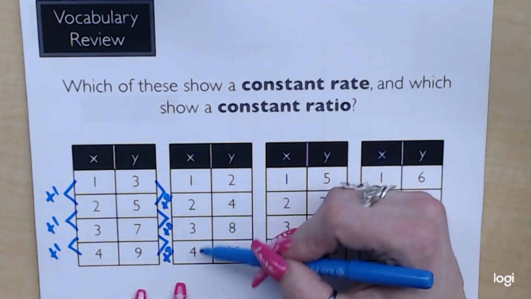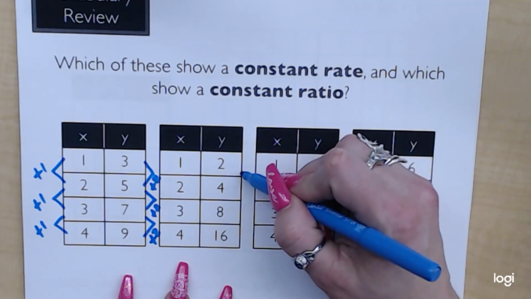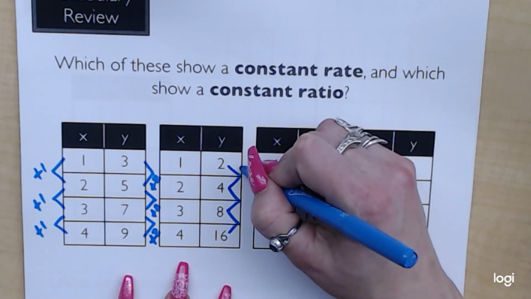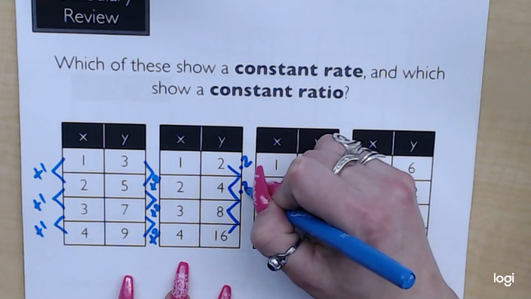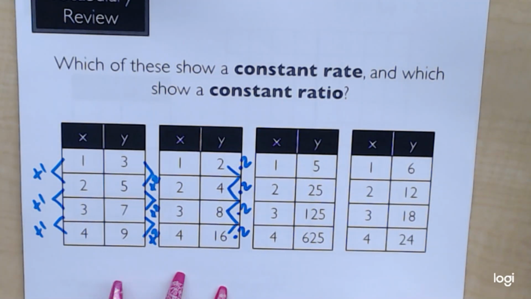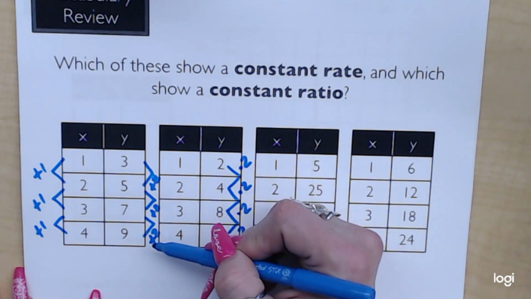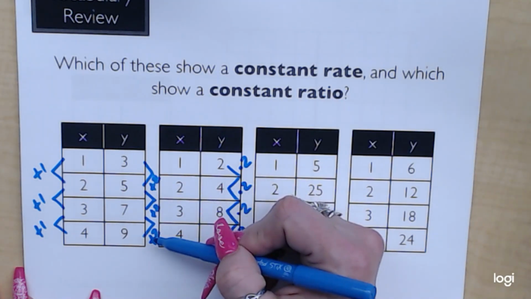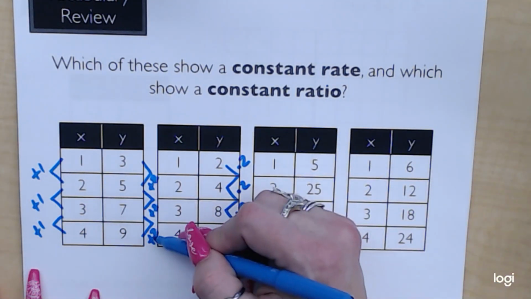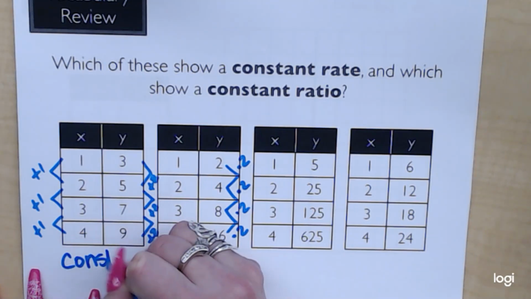Over here, x is increasing by 1, and the output is now doubling. So it's times 2, times 2, times 2, times 2. So when we have a pattern where the rate is increasing as an addition or additive relationship, it's called a constant rate.